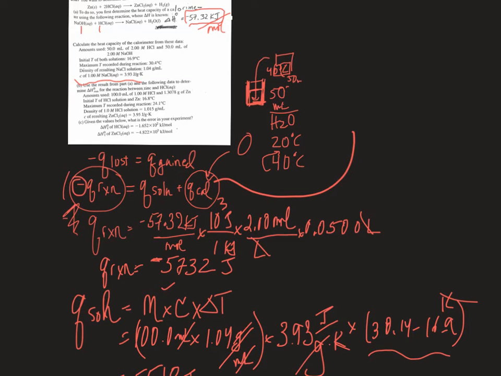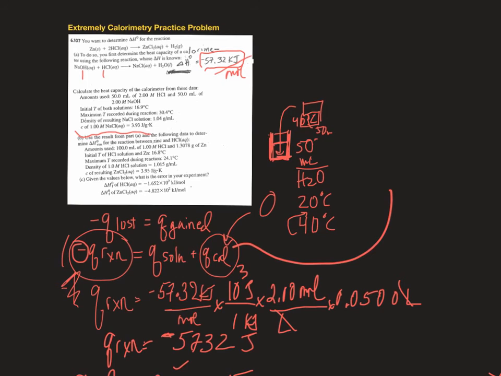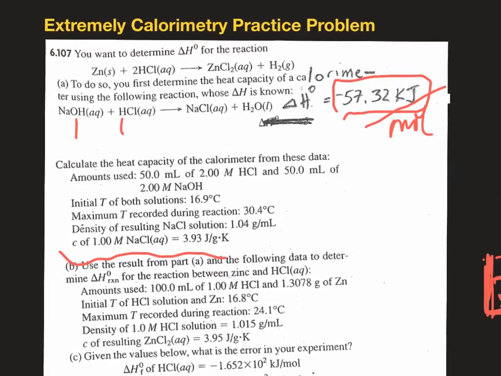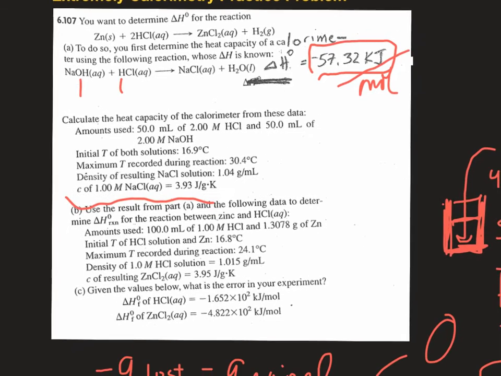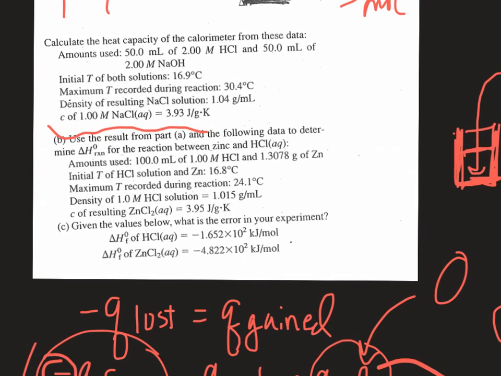Now that you know what the cup absorbs, you can use this data to solve the original question that was being asked: to experimentally determine the delta H for this reaction with solid zinc reacting with hydrochloric acid. So now let's turn to part B. Use the result from part A in the following data to determine delta H reaction for the reaction between zinc and hydrochloric acid.